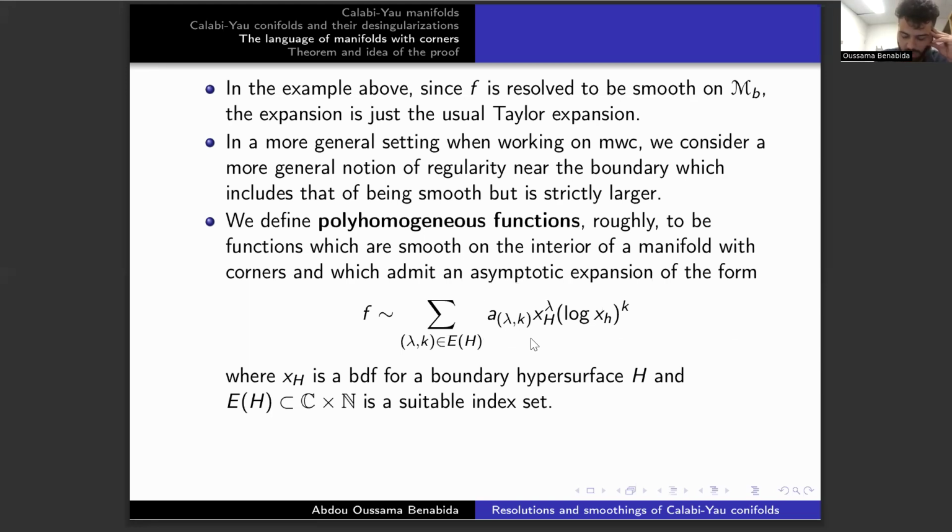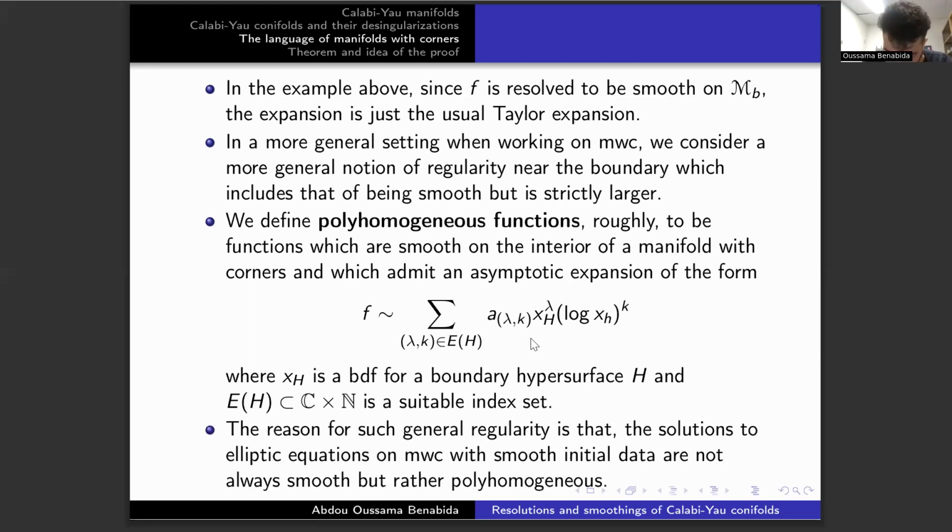So what's the point of allowing such a general notion of regularity? The main idea is that when we consider elliptic operators on manifolds with corners with a certain additional structure, the solutions to elliptic equations with smooth initial data are not always smooth, but they are polyhomogeneous.